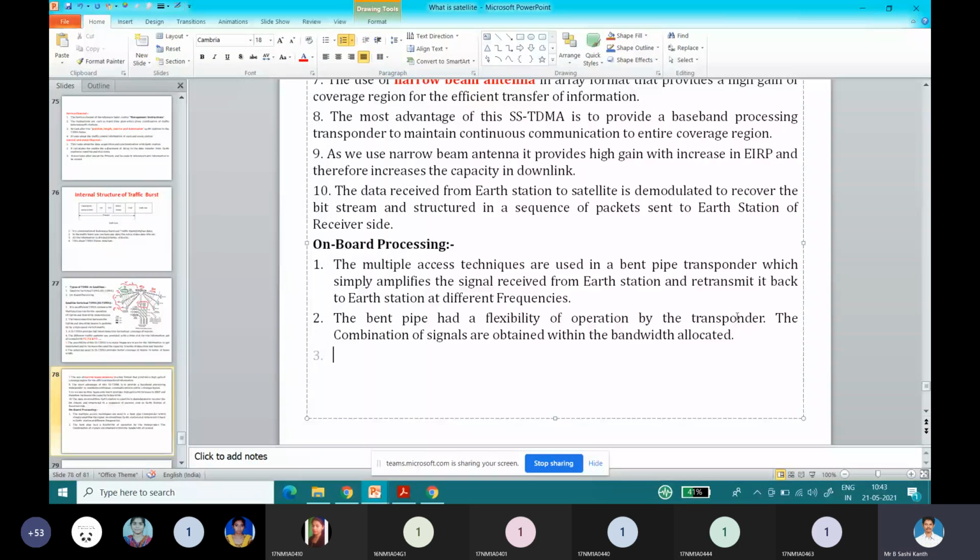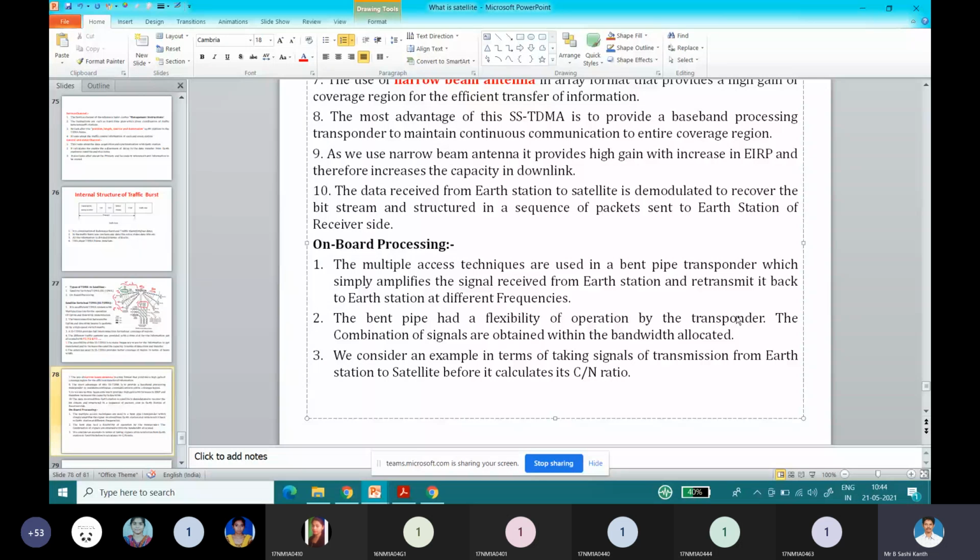We consider an example taking signals of transmission from earth station to satellite before it calculates the C by N ratio.